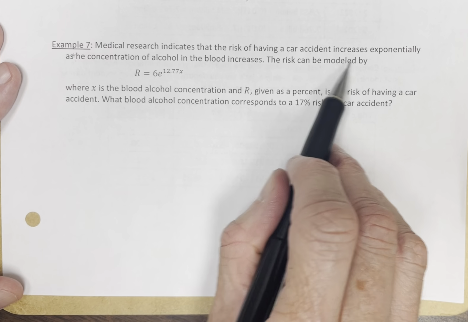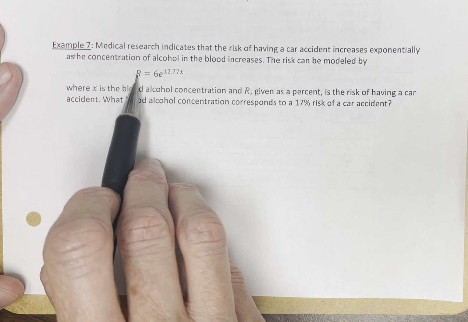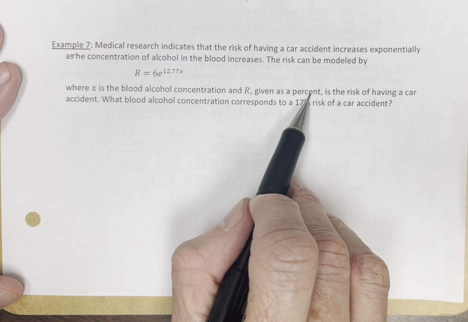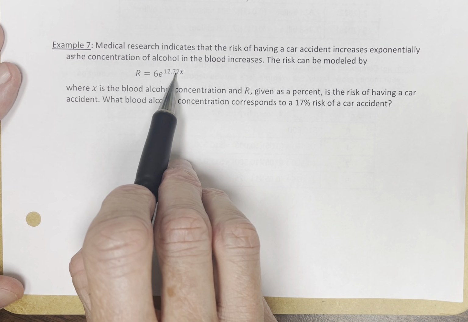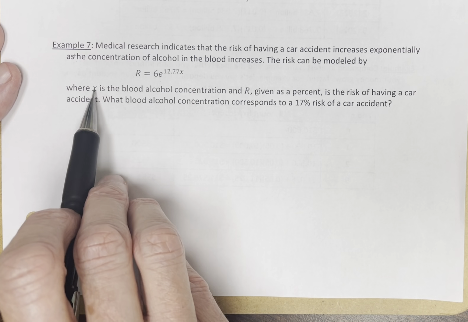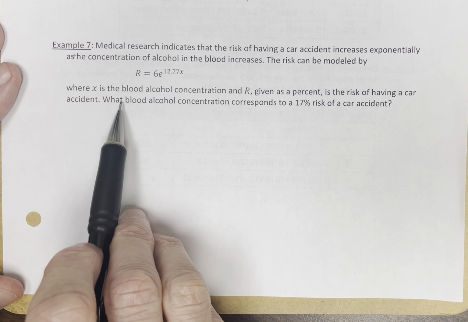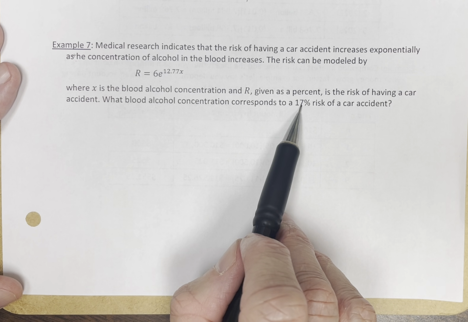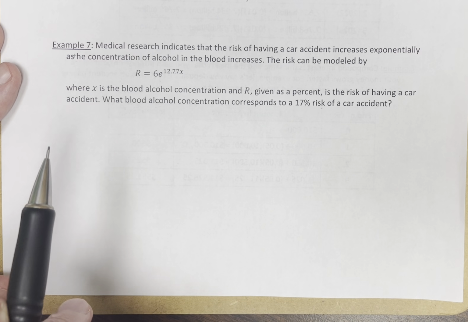The risk can be modeled by this exponential function, R, which is the risk as a percent, equals 6 times e raised to the 12.77 times x, where x is the blood alcohol concentration. So what blood alcohol concentration corresponds to a 17% risk of a car accident?